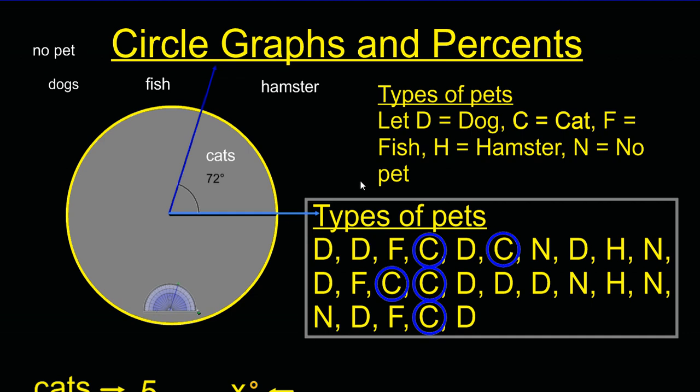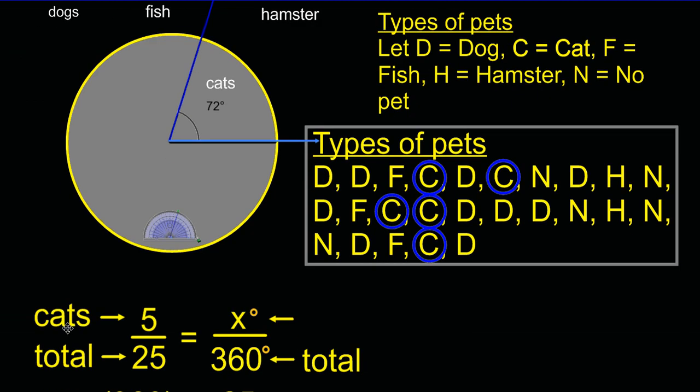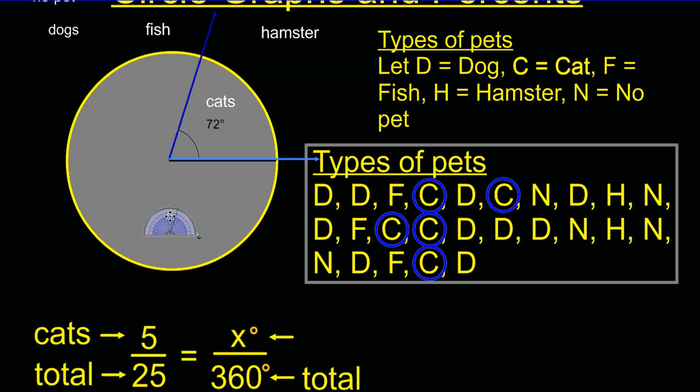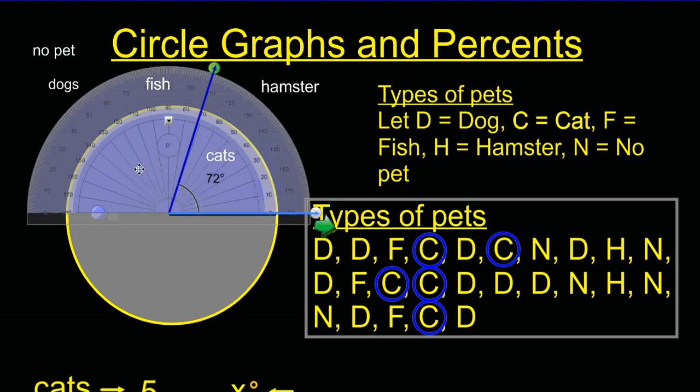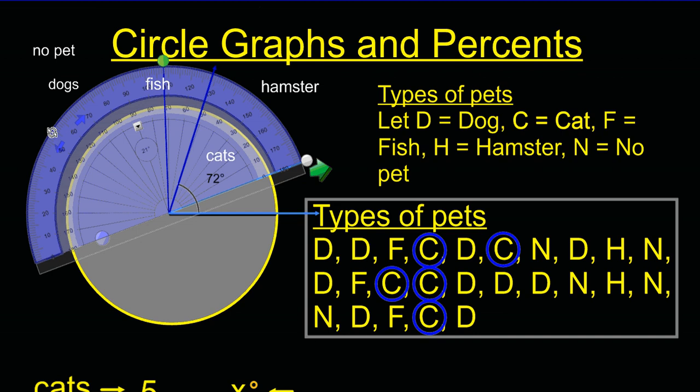I noticed here that if I count the number of no pets, the N's, there are actually 1, 2, 3, 4, 5 of those. So instead of redoing the formula again and setting up my proportion, since there are an identical number, that means the portion of the graph that it takes up will also be 72 degrees.